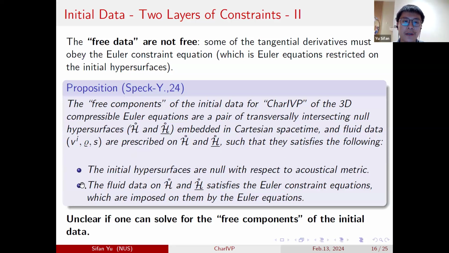The second is that the fluid data on H and H bar satisfy Euler's constraints, which are just the first order Euler equations restricted to the initial hypersurfaces. Whether people can solve these two properties remains unknown. We don't know yet. So let me show you what these two properties actually mean.